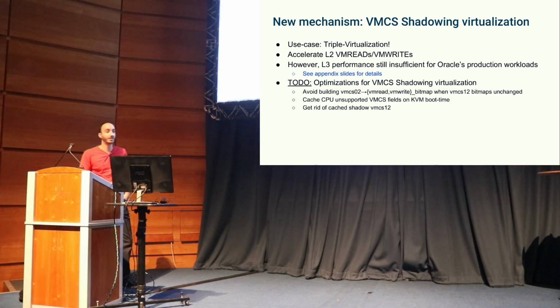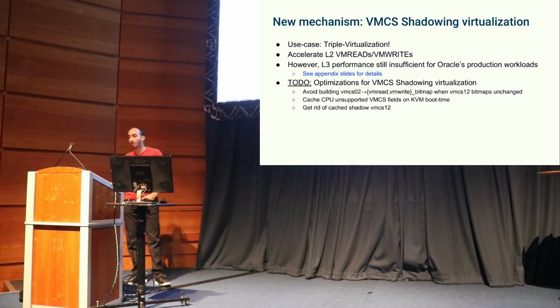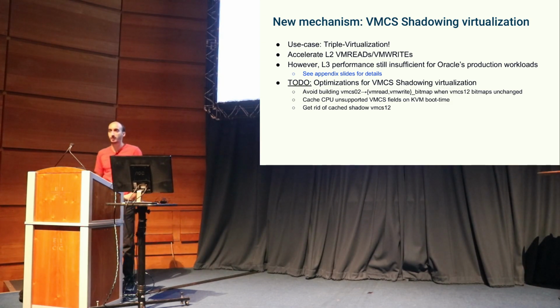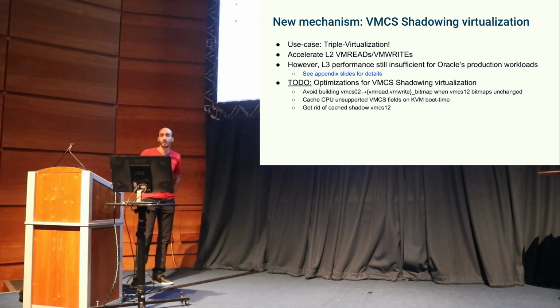And the reason that this is complex is because if layer 1 doesn't have a VMCS shadowing feature, then it means that all the layer 2 VMREADs and VMWRITEs are going to trap to the layer 0 hypervisor. And also, these exits need to be reflected to the layer 1 hypervisor. So basically, the idea is to expose VMCS shadowing to layer 1. And therefore, layer 2 VMREADs and VMWRITEs don't even need to exit.